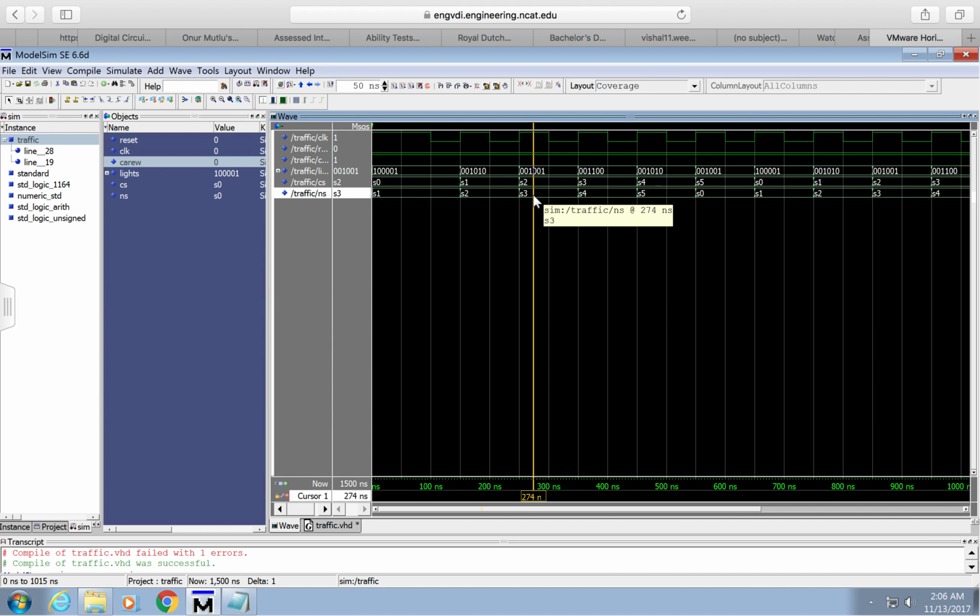It should still go to the next state and follow the operation. So at state one, we know that it needs to go to state two, because whether or not there's a car, it should go to the next state.